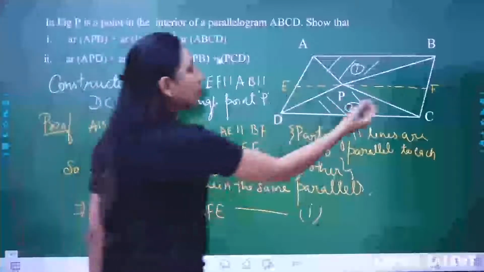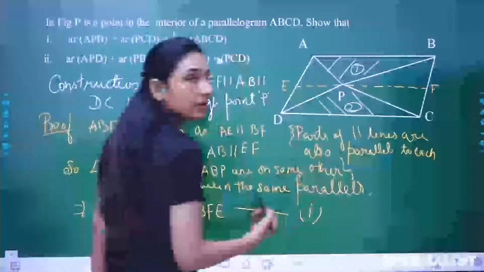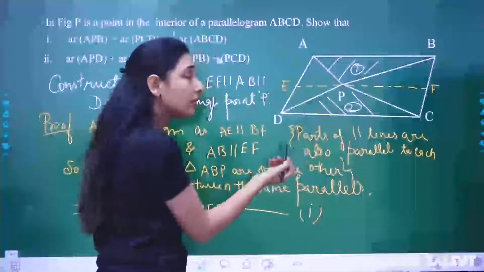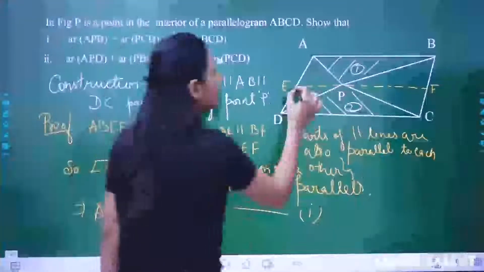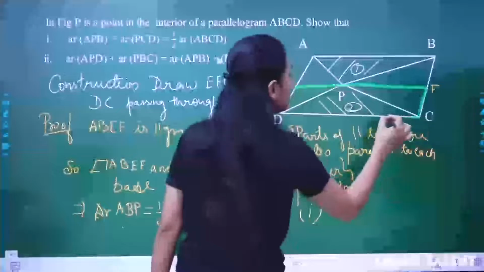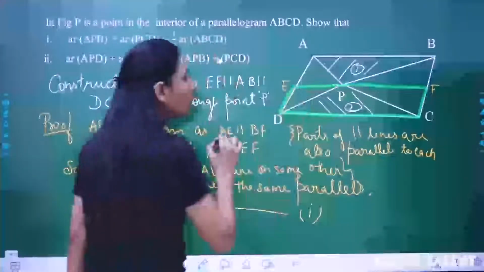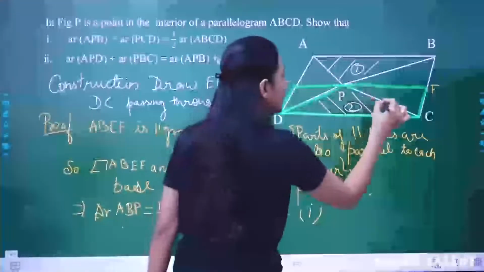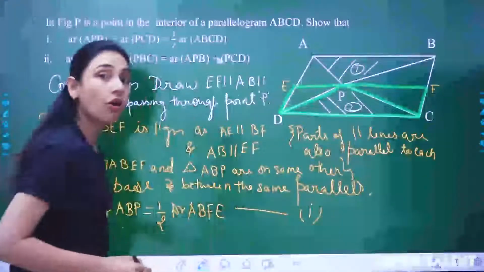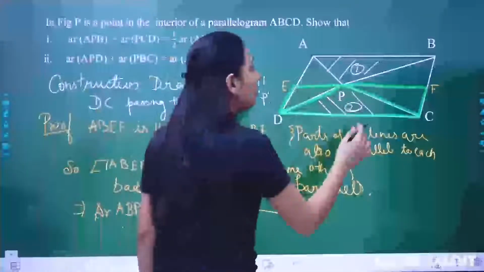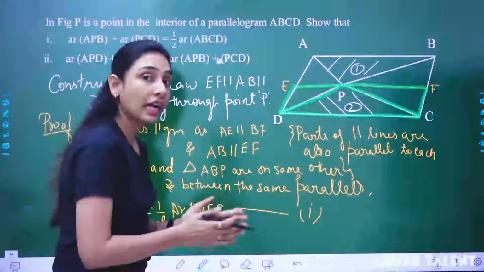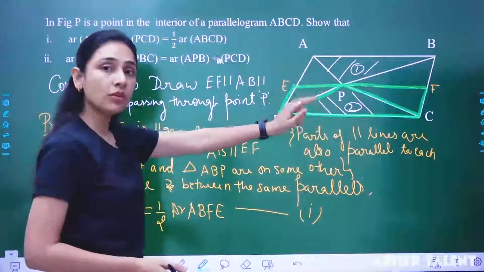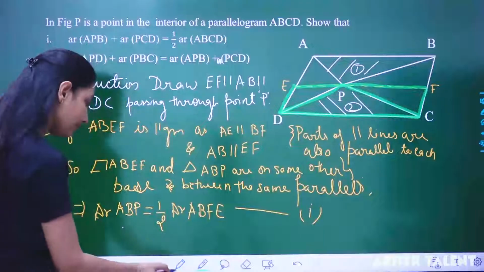Similarly, if we talk about EF and DC, EF and DC are parallel to each other. Similarly, ED and FC are parallel to each other. That means EFCD is a parallelogram, and again triangle DPC is between the same parallels and the same base DC. That means the area theorem is also applicable here.